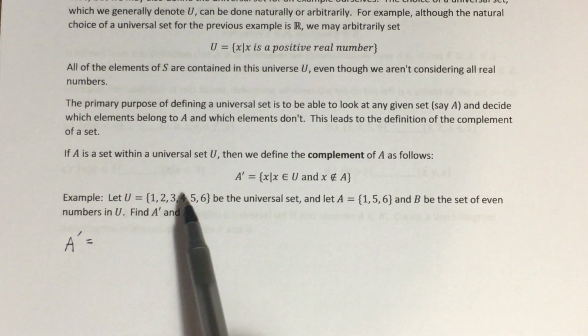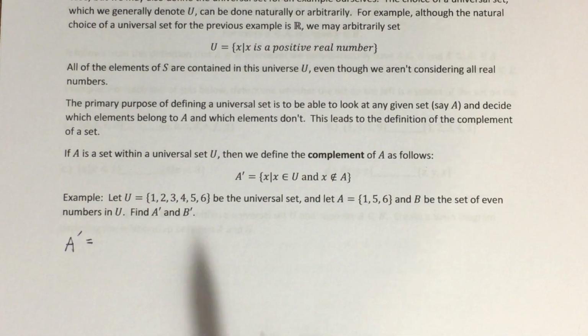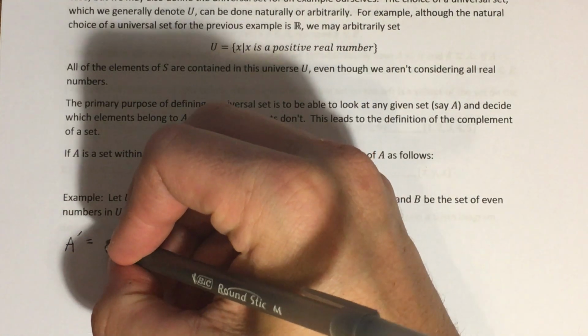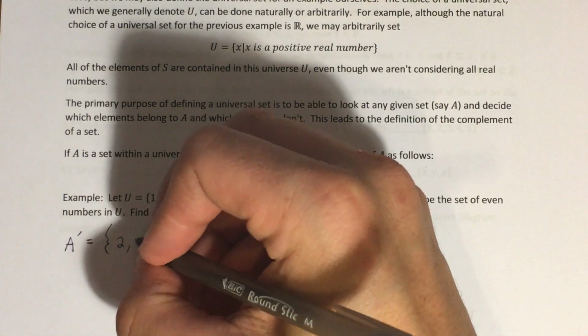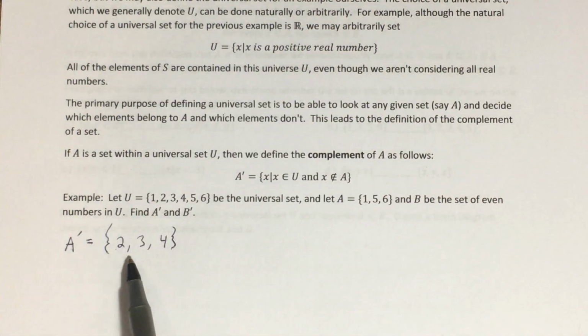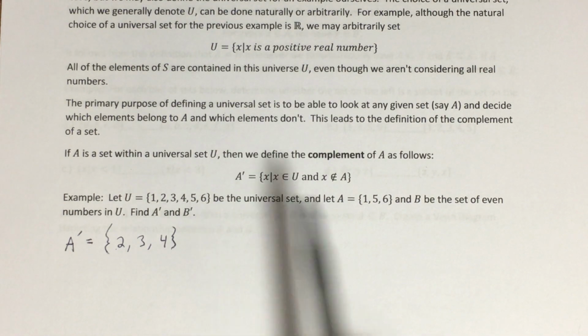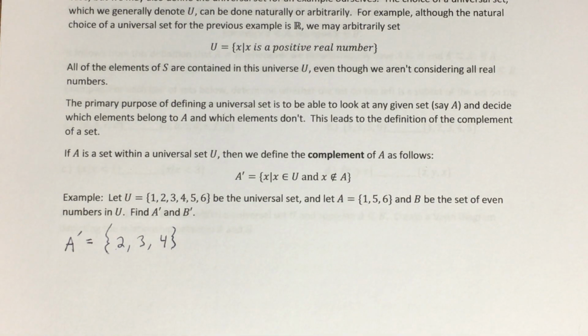If we eliminated those from the set U, that leaves us with the numbers 2, 3, 4. So that means A complement contains 2, 3, 4. Notice that it's a set that only contains elements from the universe U, but it contains everything that's in U that you can't find in A itself.